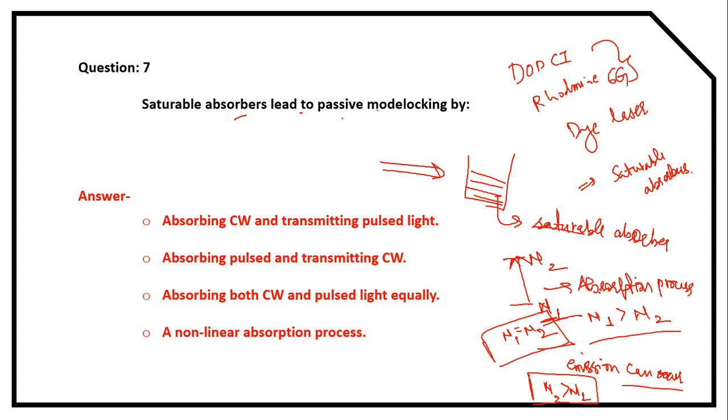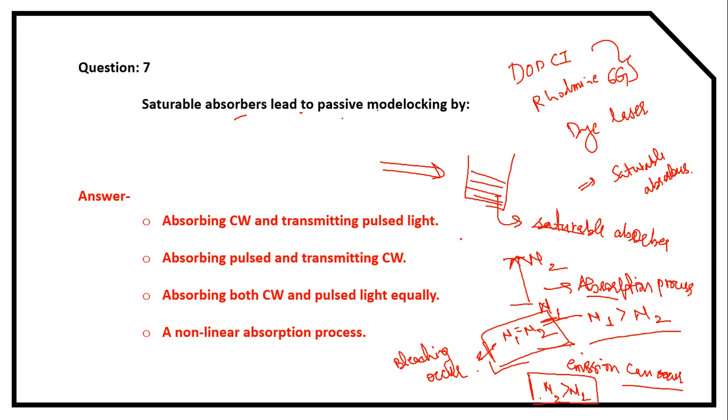That is the process of absorption. Now suppose, increasing the intensity, we come to a point where n1 is equal to n2. At that point, bleaching will occur. The third thing is when you have a sufficiently intense beam, so that n2 is greater than n1, and then emission or transmission will occur.